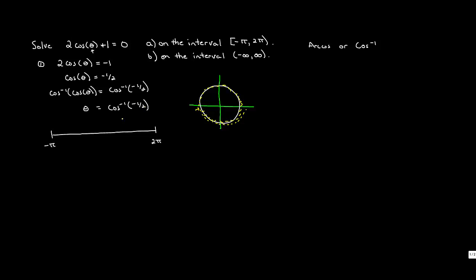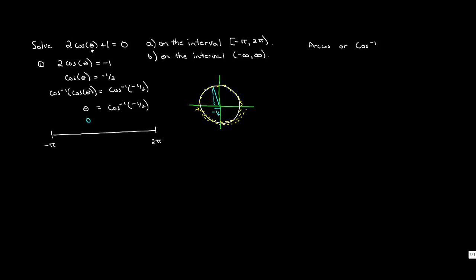The answer is we need a cosine value of -1/2, so this length right here has to be -1/2. That's going to be at 2pi/3, because pi/3 is here, 2pi/3.